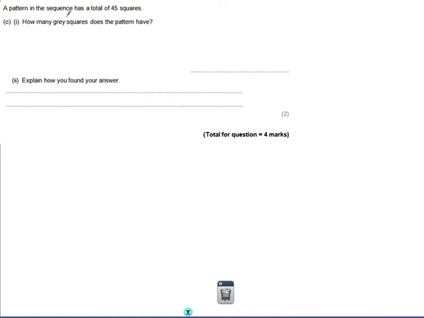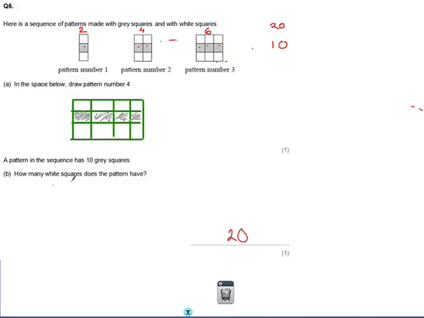Okay, a pattern in the sequence has a total of 45 squares. How many grey squares does the pattern have? If we were to look at the original pattern, this here has 3 total squares.